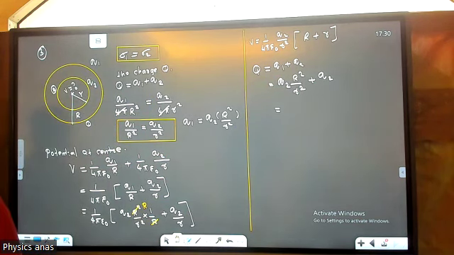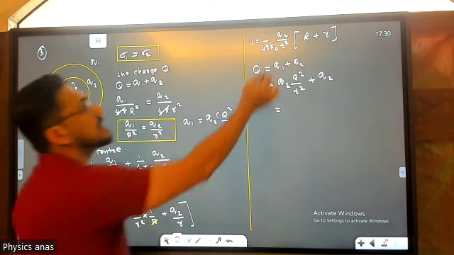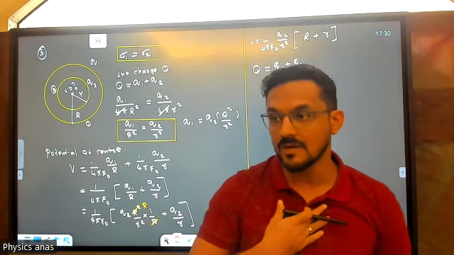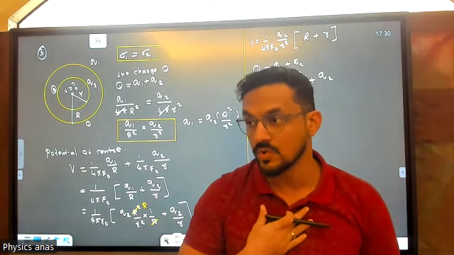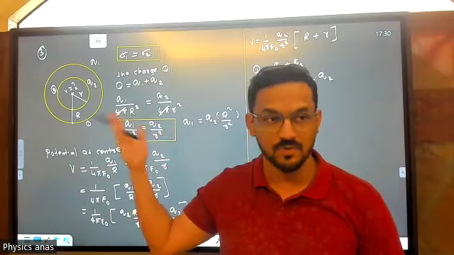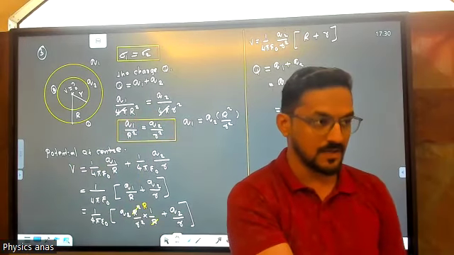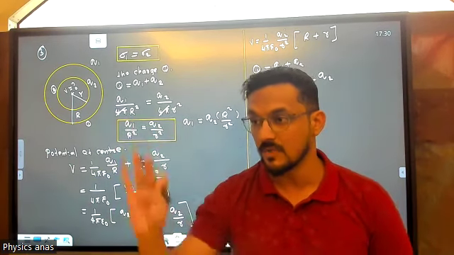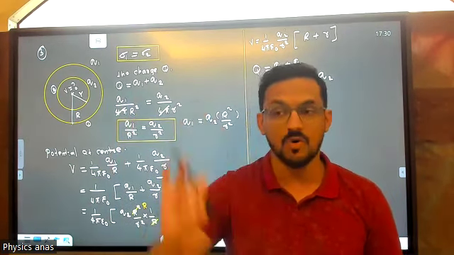We have to convert this into terms of capital Q. We don't need this Q2 in the answer, because we are the ones taking that Q1 and Q2, not those who have given you the question. So the answer must be in terms of capital Q, small r, capital R, which are only in the question.